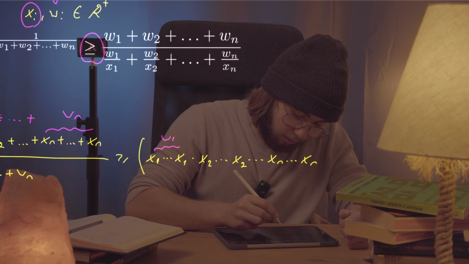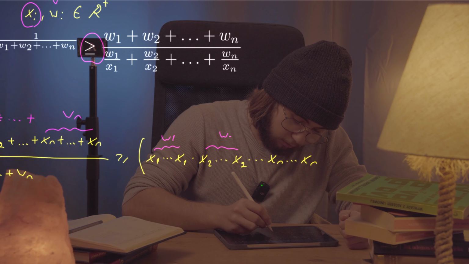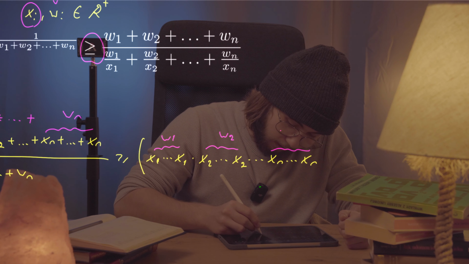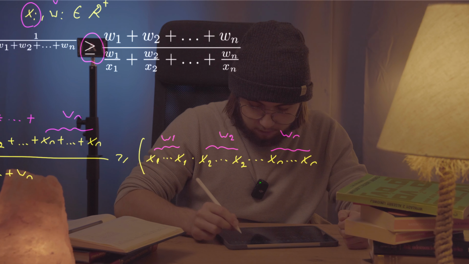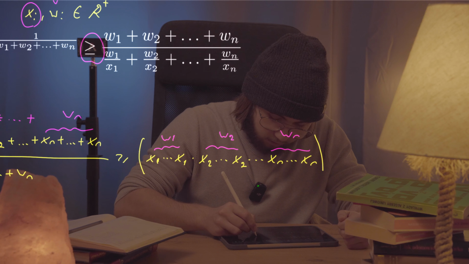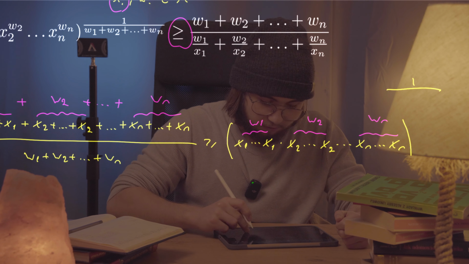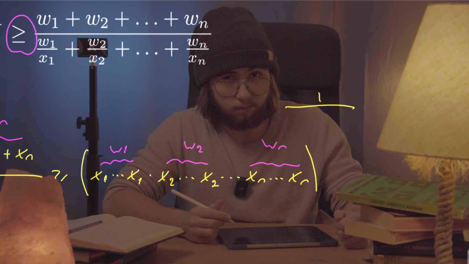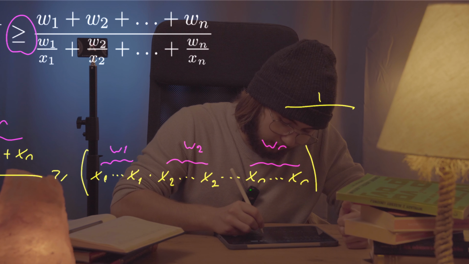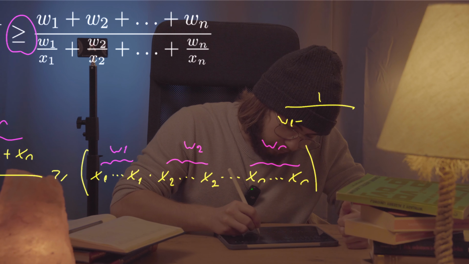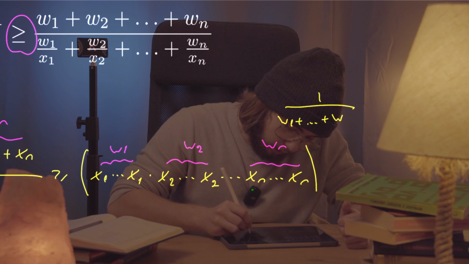That's going to be w1 times, w2 times, wn times, and this entire thing is just going to be raised to the power of the sum of those weights, because this is exactly what we are dividing the regular arithmetic mean by. So that's by the AM-GM inequality.